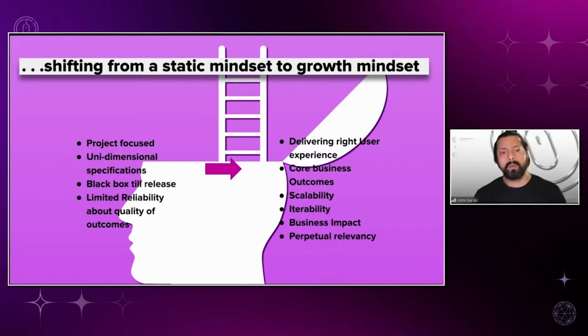Iterability. Why iterability? We have just spent a year developing this product and now it's delivered and we are done. Why do we need to iterate? Look, today's consumer is getting pampered by every industry, every service provider, every product provider. Their expectations are getting higher and higher consistently.